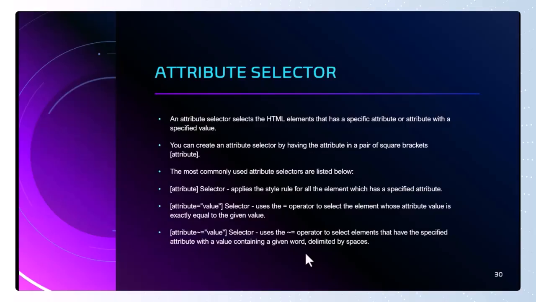The attribute equals value selector uses the equal operator to select the element whose attribute value is exactly equal to the given value. And the attribute with the tilde equal value uses the tilde equal operator to select elements that have the specified attribute with a value containing a given word delimited by spaces.